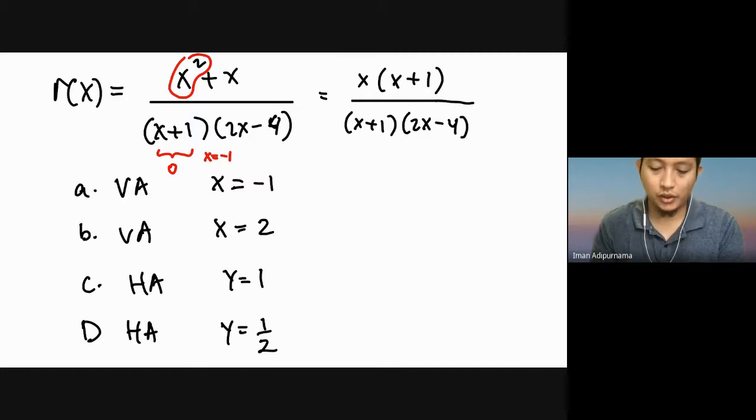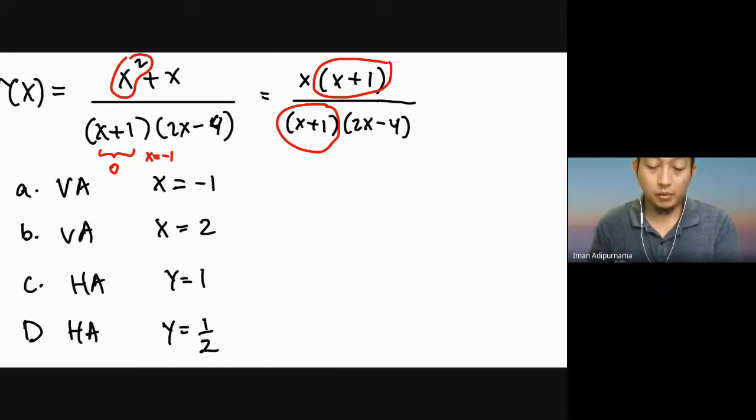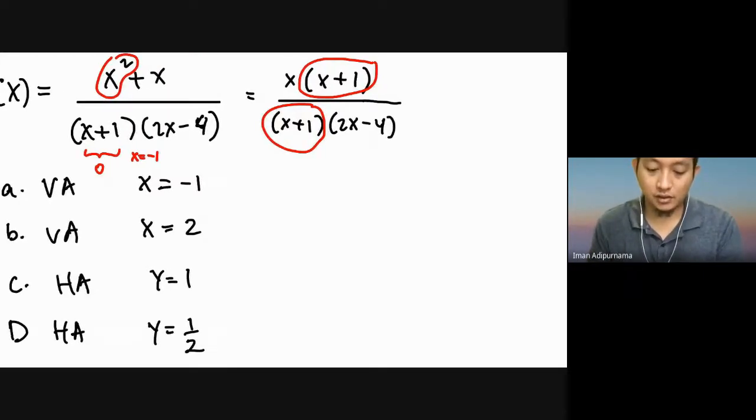And we know that this is the common factor, right? If we have a common factor in the functions, we will probably have a hole in that function. So x equals 1 is a hole, not a vertical asymptote.